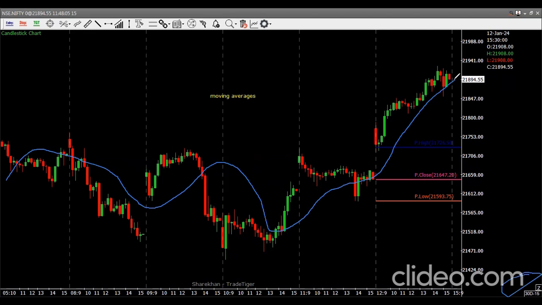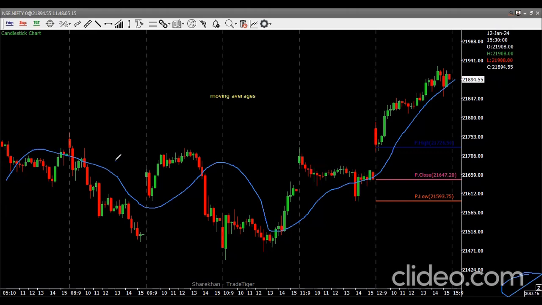Why is it called moving? Because each data point is calculated using the data from the previous period. So at this point, the moving average is calculated from previous data points. It averages the prior data.